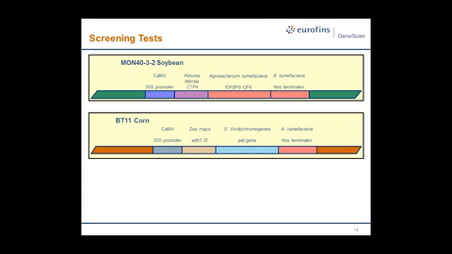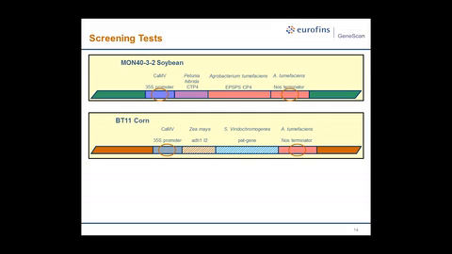So when we talk about the screening tests we do, these two cartoons represent two completely different crops. You'll see one is the soybean, the original Roundup Ready soybean. The second one is the corn product. And if you look at the little components, you'll see that we have a 35S here and a 35S there. So completely different crops doing different things have these shared components.